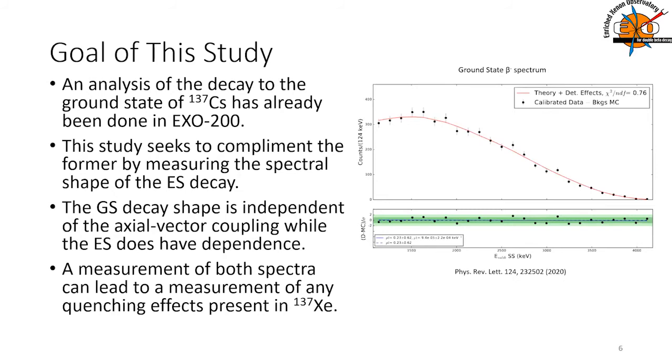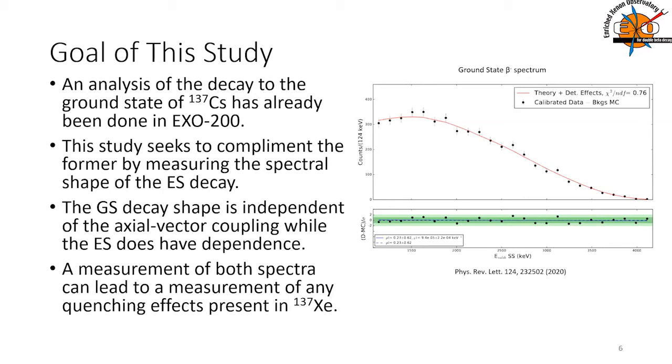So an analysis of the decay to the ground state of xenon-137 has already been done. The results were published this year, and it succeeded in measuring the spectrum of the beta to the ground state. This study is seeking to complement the former by measuring the spectral shape of the excited state decay.